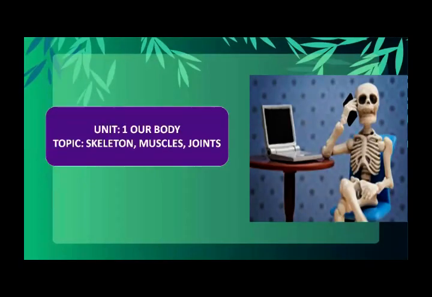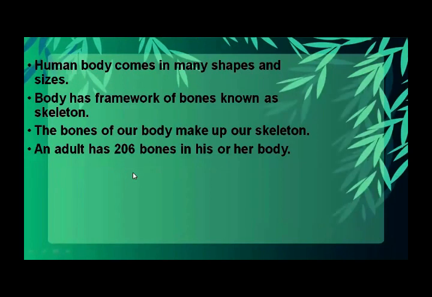The first chapter, unit number 1, our body. The main topics are skeleton, muscles, and joints. This unit is on page number 2 of your book, so open your book to page number 2.